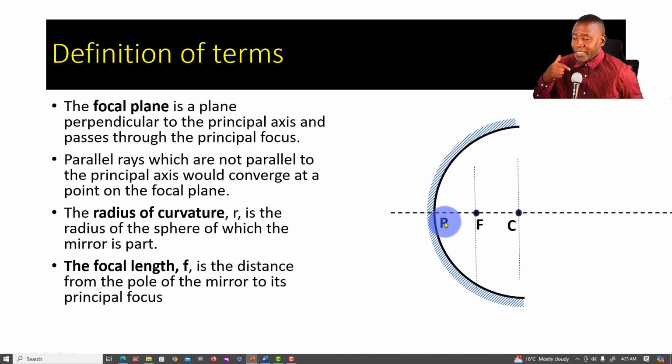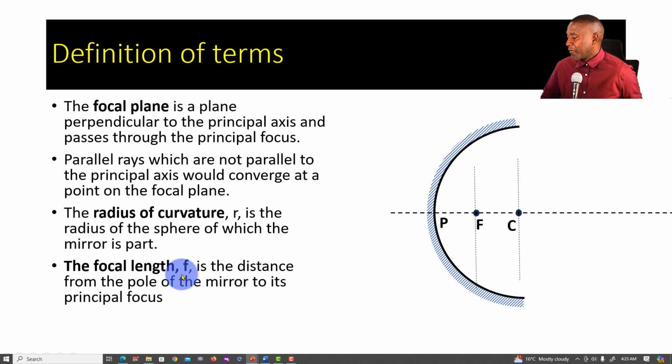That is the radius. The radius PC is called the radius of curvature. That radius can also be drawn from any other point, maybe here, maybe here, so long as it is a radius for this particular arc. So the radius of curvature of the mirror is the radius of the sphere of which the mirror is part.